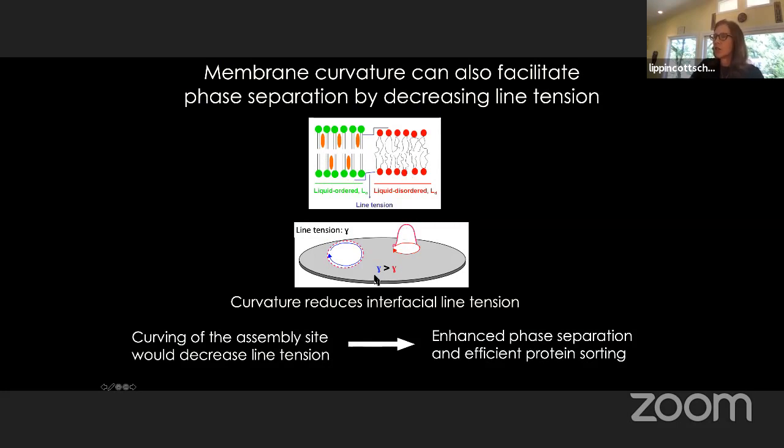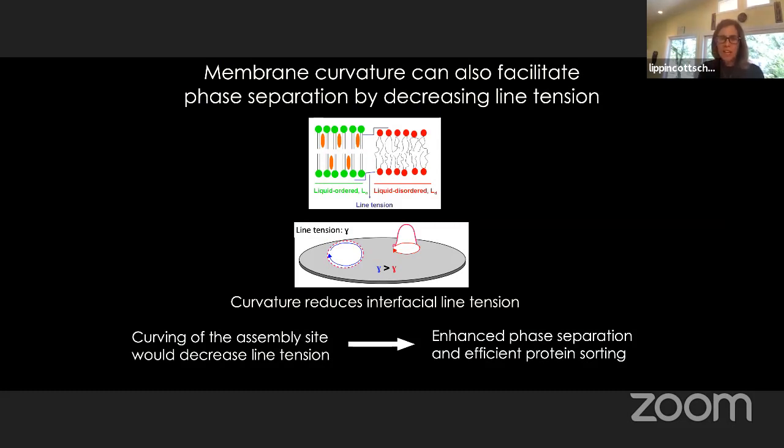That line tension actually is lowered if the membrane buds out, because the diameter of that line is reduced. So curving the assembly site decreases the line tension, which we think is enhancing phase separation and efficient protein sorting. Well, how can we prove that?